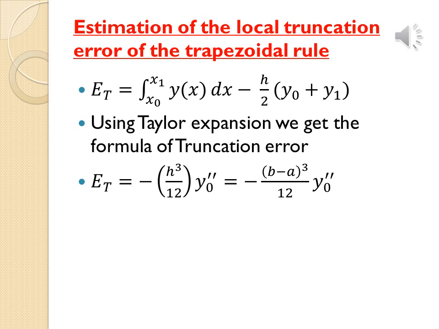So remember this is the error. The error is equal minus b minus a, where b is the last point and a the first point, so from a to b. So b minus a is like x1 minus x0. So minus b minus a power 3 over 12 y0 double dash. That is the truncation error for trapezoidal.